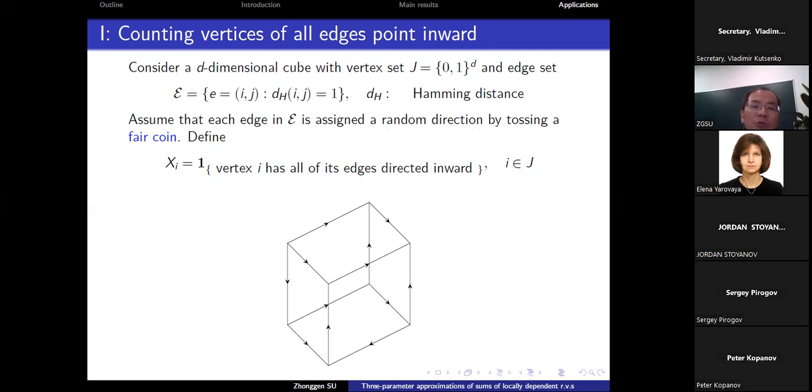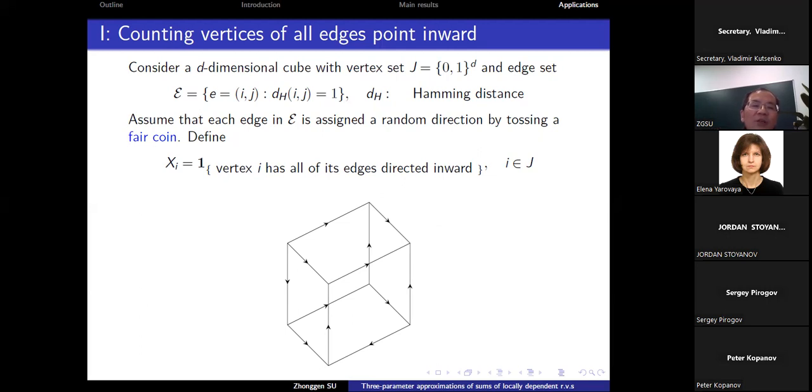Assume each edge in E is assigned a random direction by tossing a fair coin. It means each edge is assigned a random direction. There are two directions, and each direction has probability 1/2.